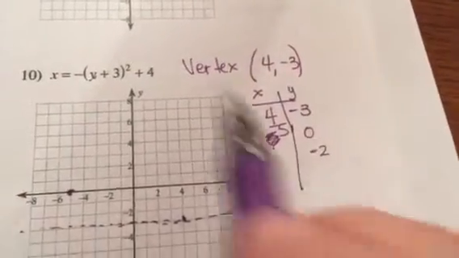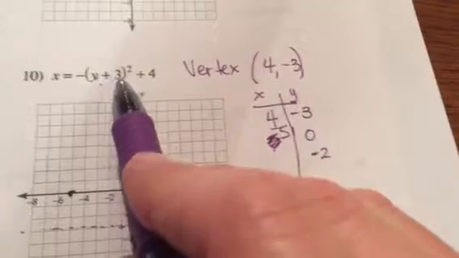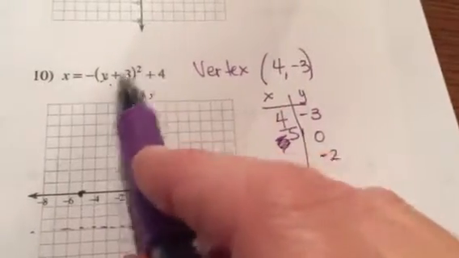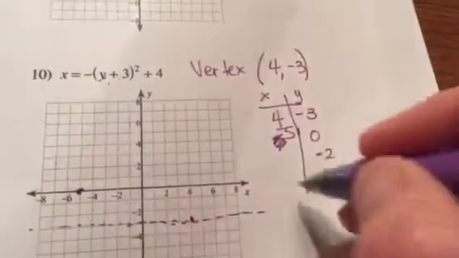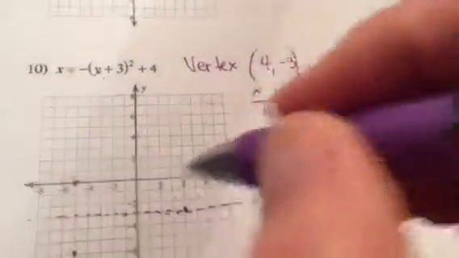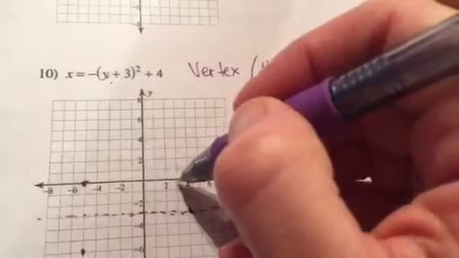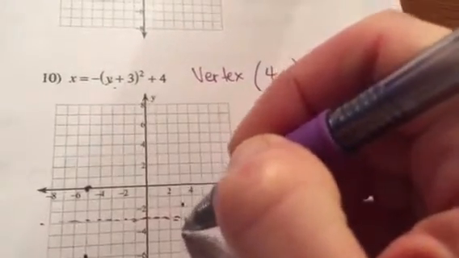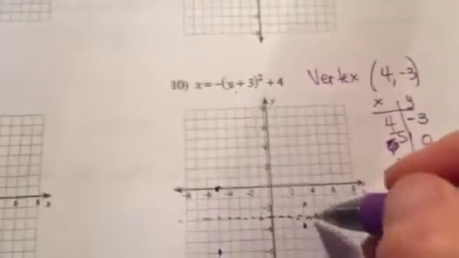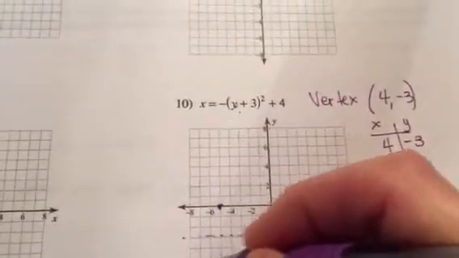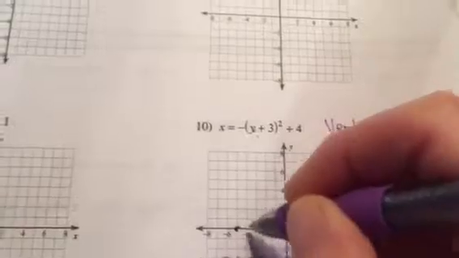Plug in a negative 1, I don't care, but if you plug in a negative 2 and you add 3, you get 1. 1 squared is 1. So I have a negative 1 plus 4, which is 3. So there's a 3, negative 2. Now see how it's 1 above? That means I'm going to have 1 below. So you can see that I have a nice parabola that opens up to the left, like this.